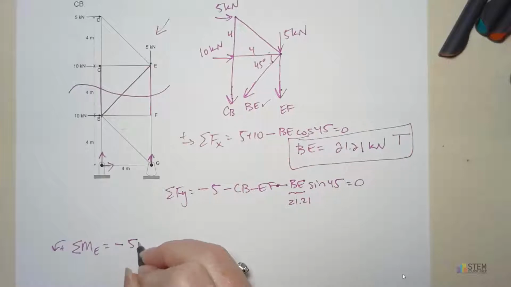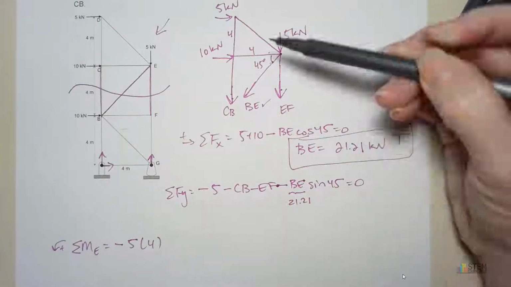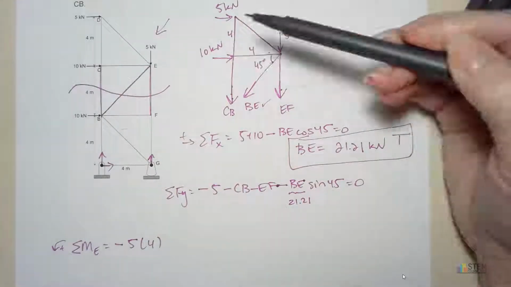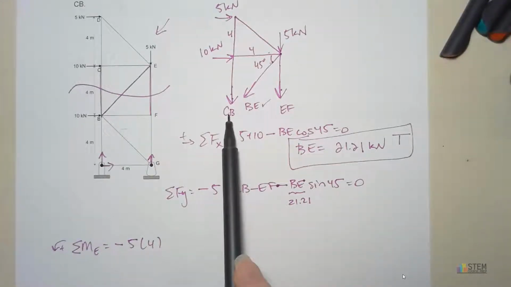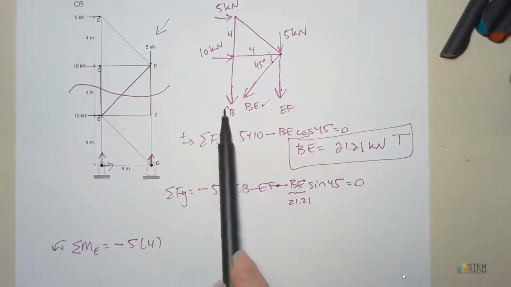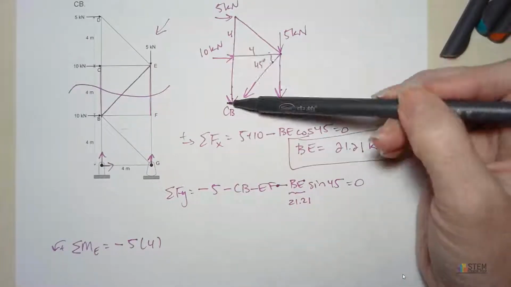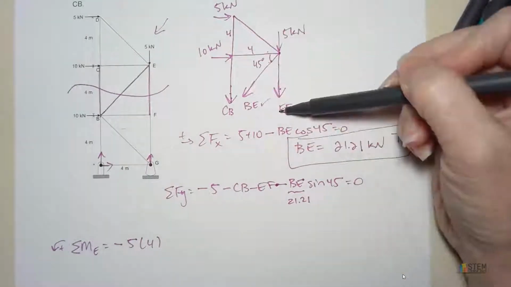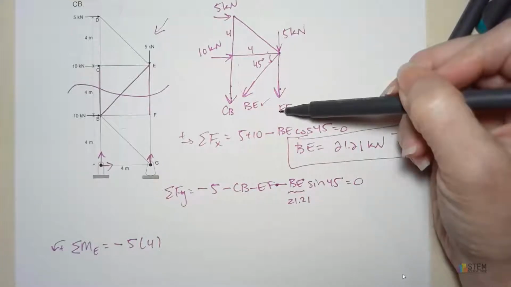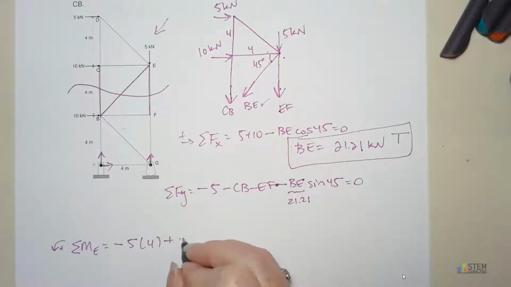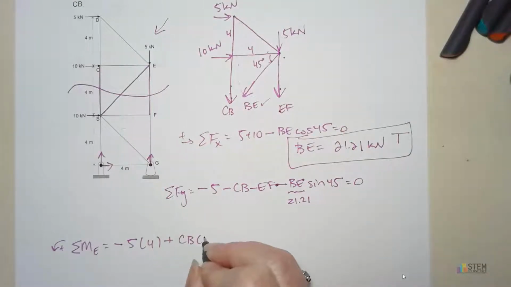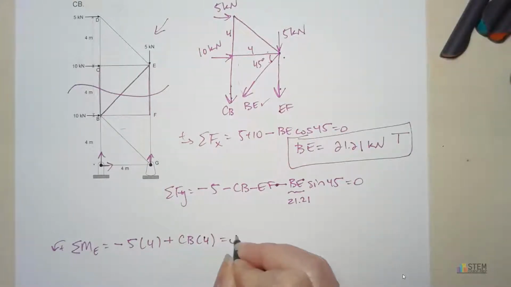So we have negative 5 times 4, because this is our perpendicular distance. And then the only other force that has a moment about point E is CB. Now this one is downward, so that's going to be counterclockwise rotation, which is positive. The distance is 4. So we're going to have plus CB times 4. That equals 0.